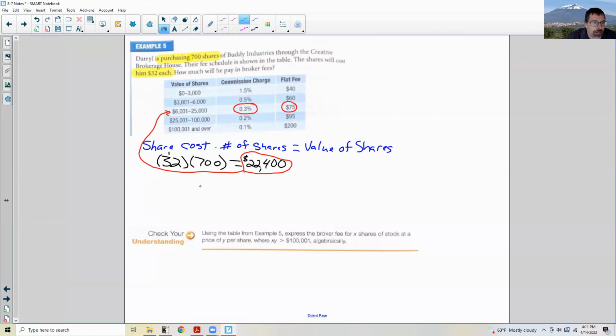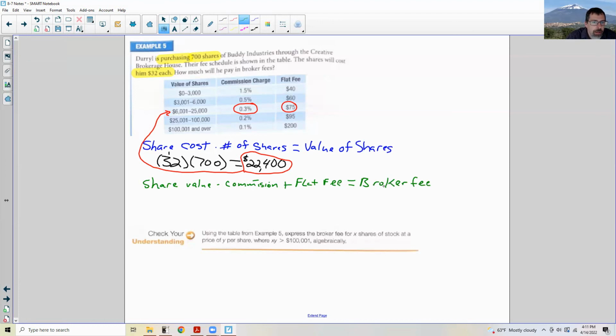You take the share value times commission, plus flat fee, and that is going to equal the broker fee, which is what we're trying to find.